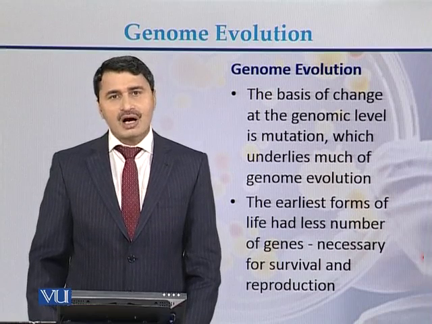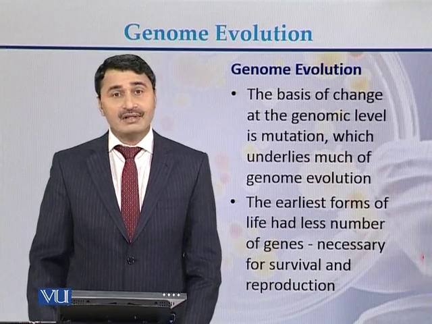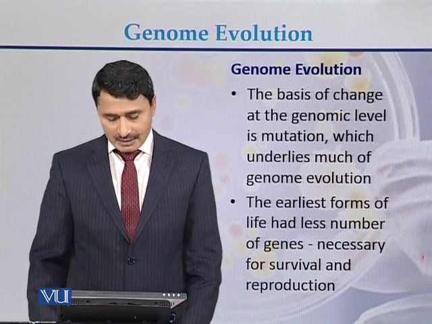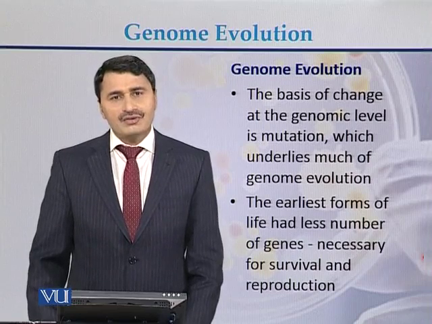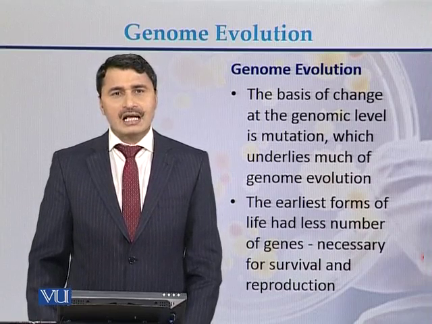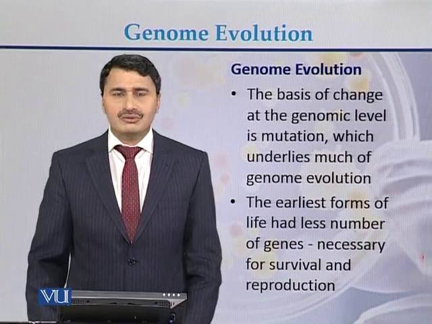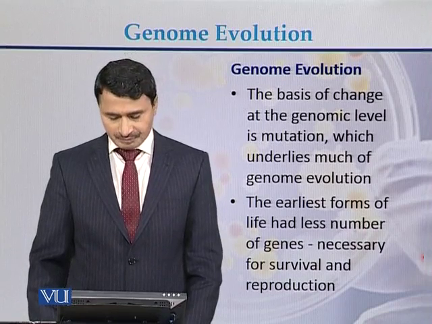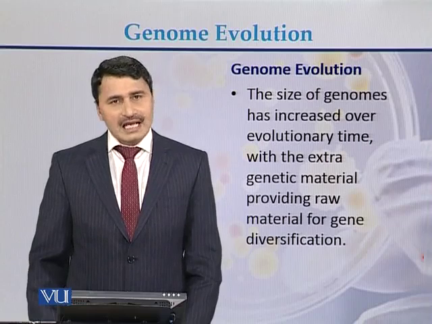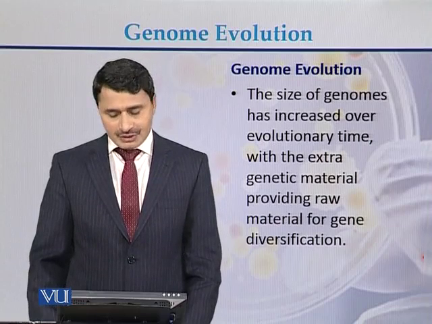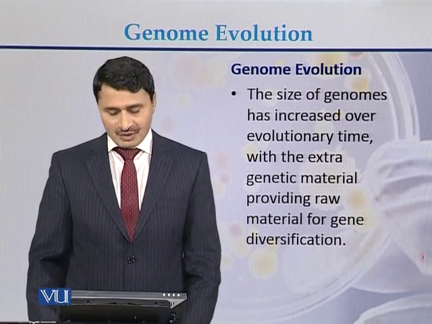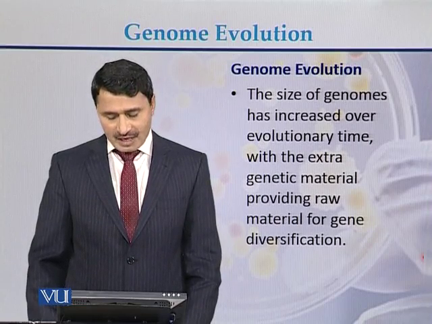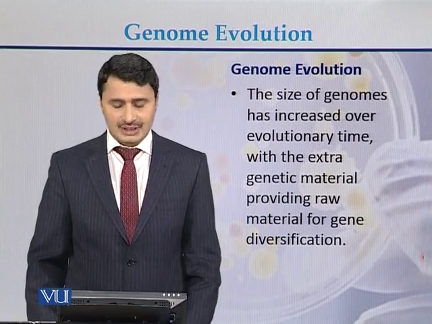The earliest forms of life had fewer genes, but after evolution the number of genes in genomes is large compared to the ancestral genomes. The size of genomes has increased over evolutionary time with extra genetic material, providing raw material for gene diversification.